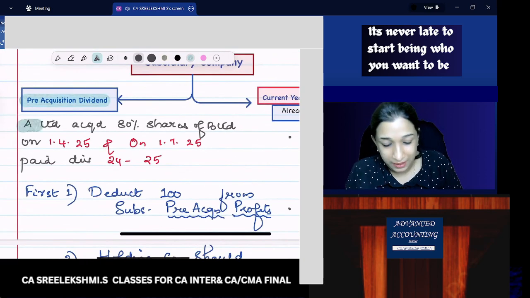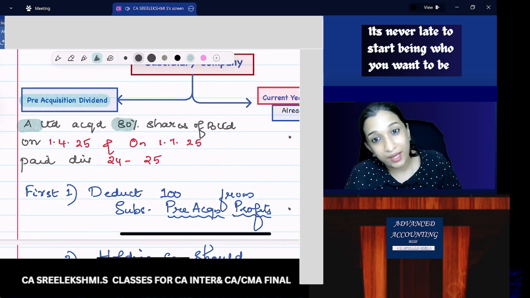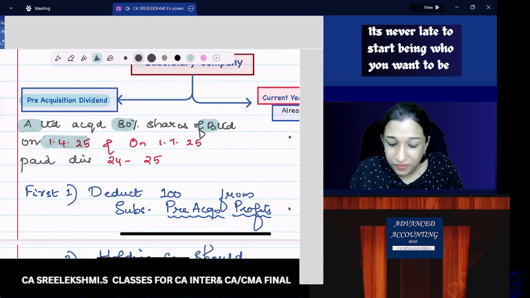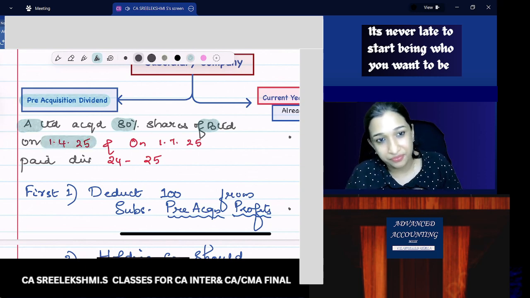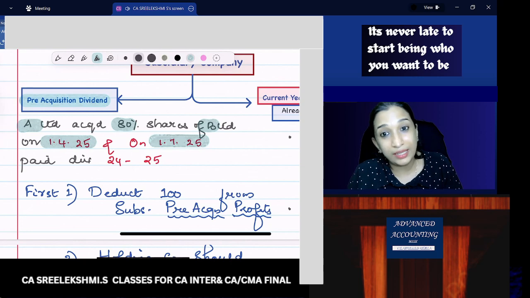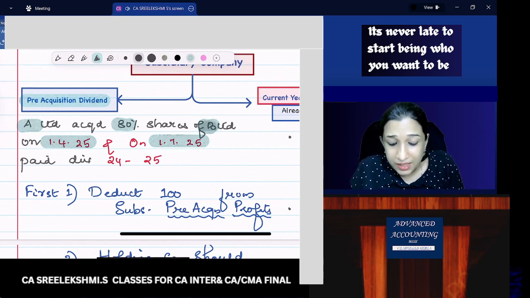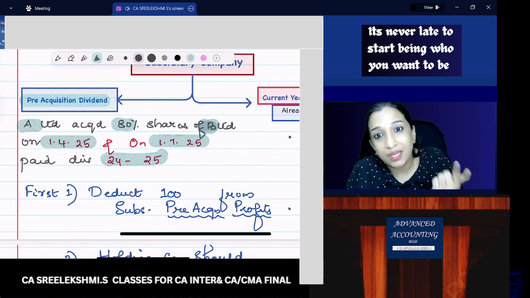Let me brush up. A Limited acquired 80% shares of B Limited on 1st April 2025, and on 1st July 2025, after the date of acquisition, B Limited is paying a dividend for the previous year.